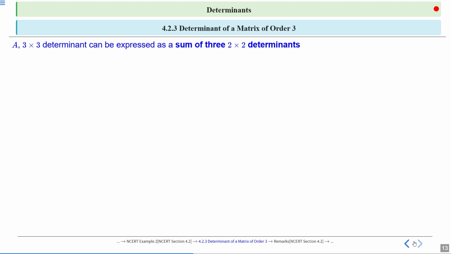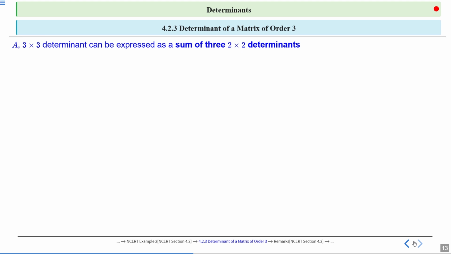Now we have to calculate the determinant of a matrix of order 3. A 3 cross 3 determinant can be expressed as a sum of 3 2 cross 2 determinants. That is the basic idea of how we find the determinant of a 3 cross 3 matrix. A 3 cross 3 matrix means there are 3 rows and 3 columns, and we can express it as a sum of 3 2 cross 2 determinants.